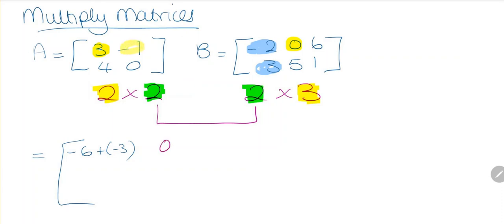And minus 1 times 5 is minus 5. Next column. So we want 3 times 6. So this is 18. And minus 1 multiplied by 1 is minus 1.